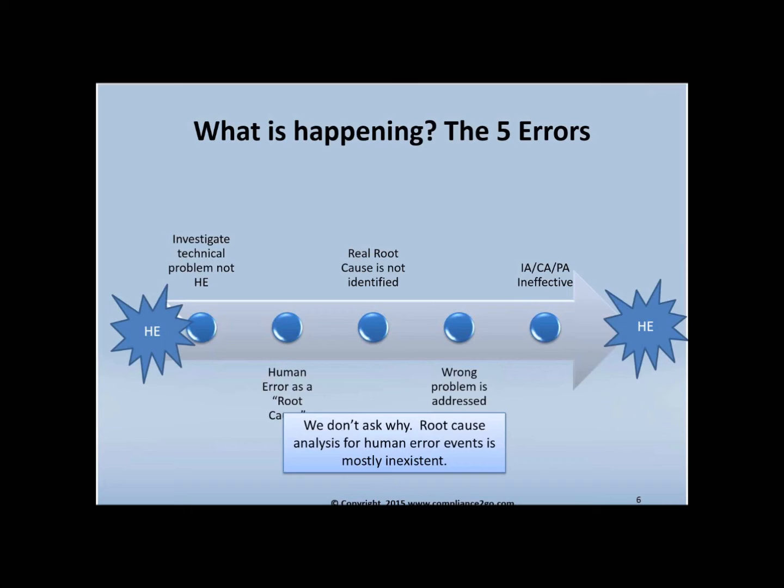So human error stays as a root cause, because we haven't done any more investigation, or we haven't really gone into more depth in the investigation. So the real root cause is not identified. And when you don't have the real root cause identified, then the wrong problem is addressed, and that leads to ineffective immediate actions, corrective actions, and preventive actions.